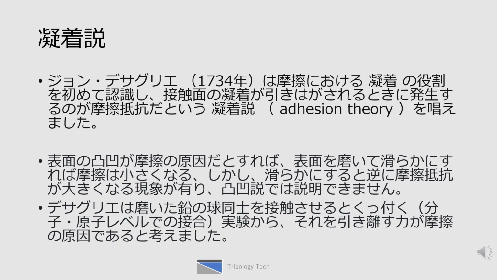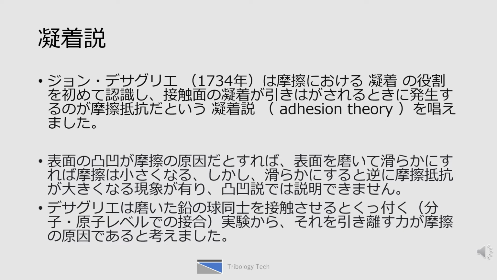The adhesion theory. John D. Desaguliers in 1734 first recognized the role of adhesion in friction, and advocated the adhesion theory that frictional resistance occurs when the adhesion of the contact surface is pulled off. If the unevenness of the surface is the cause of friction, then if the surface is polished and smoothed, friction will be reduced.